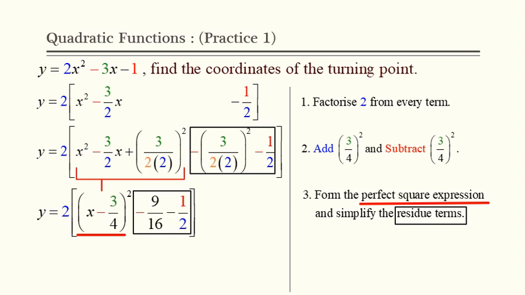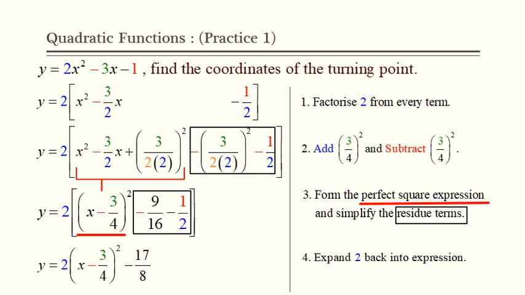Form the perfect square expression with the first 3 terms within the square brackets. Simplify the residue terms. Step 4. Expand 2 back into the square brackets and simplify all values. This completes the process. The completed square form of the quadratic function is then obtained.